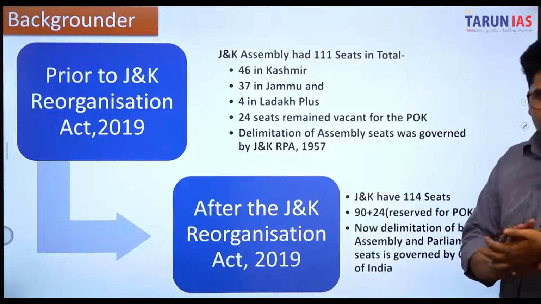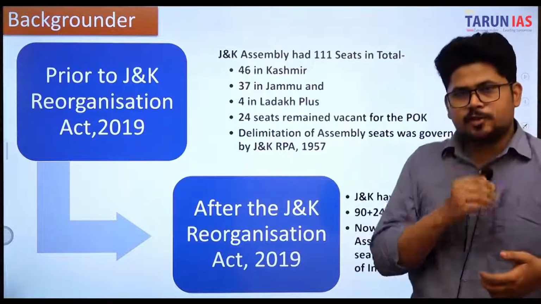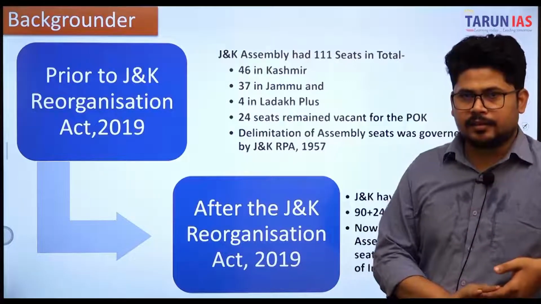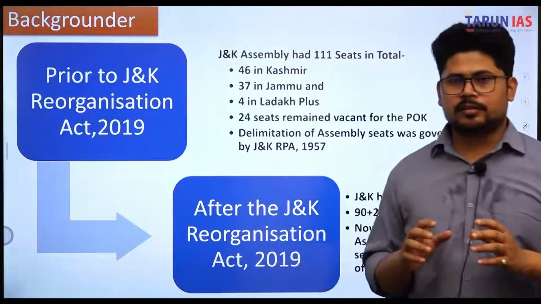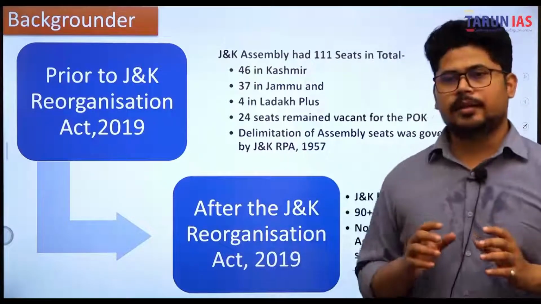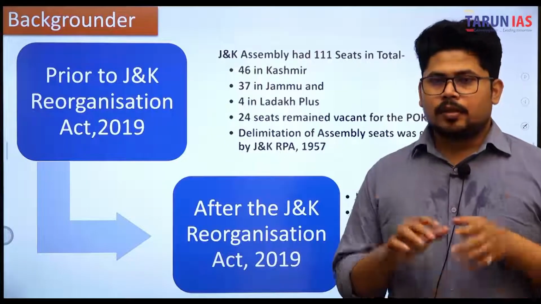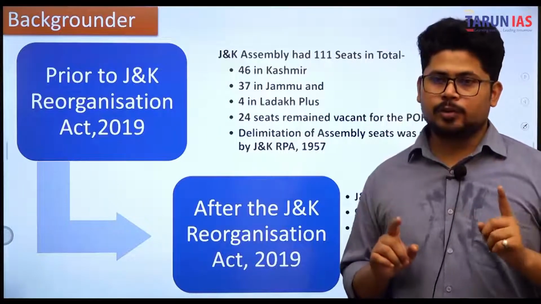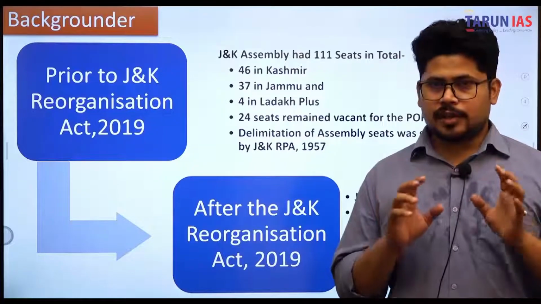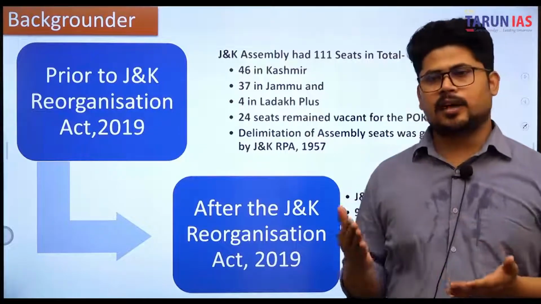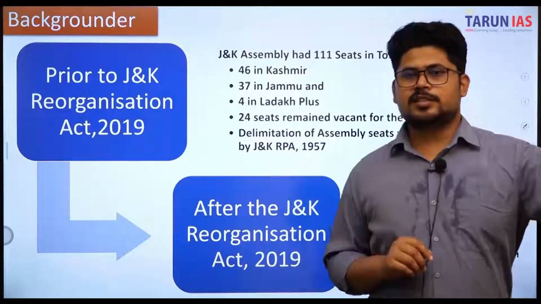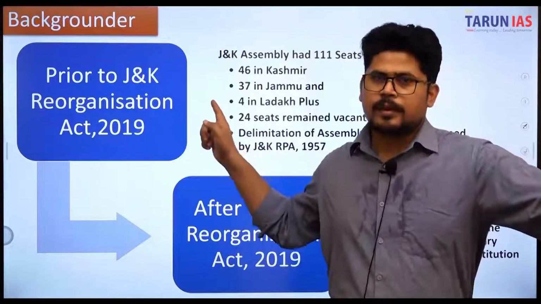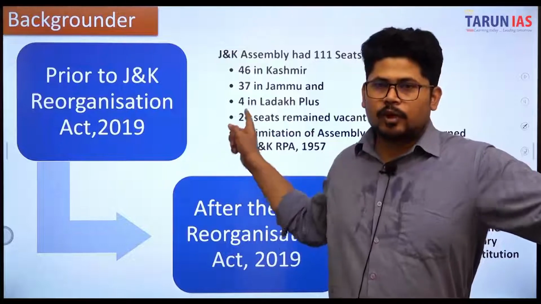Right, a bit of a backgrounder. Prior to the J&K Reorganization Act 2019, we need to understand what was the situation. The whole state of J&K was one unit, one state that comprised J&K and Ladakh, and it had 111 seats in total, 46 in Kashmir, 37 in Jammu, and 4 in Ladakh.